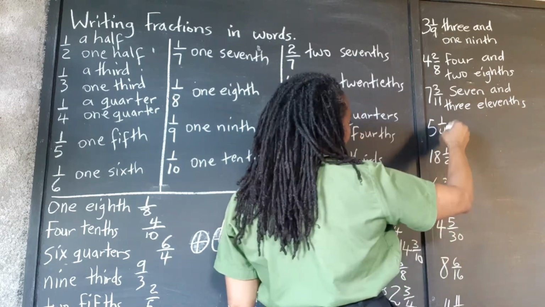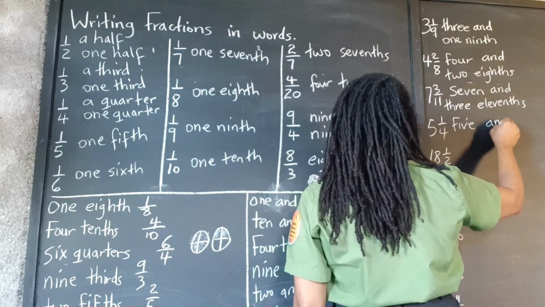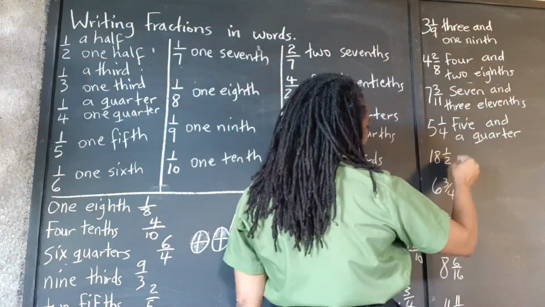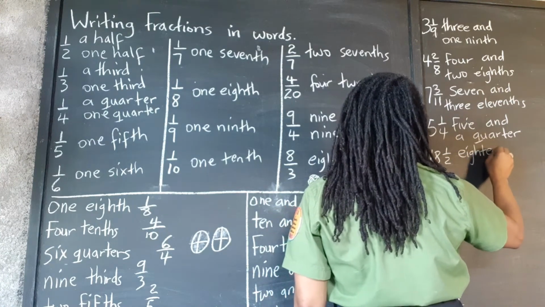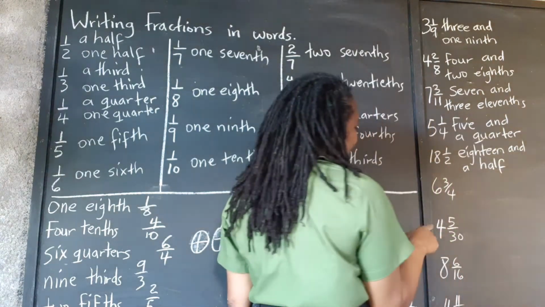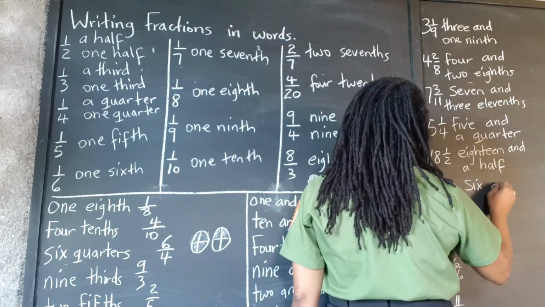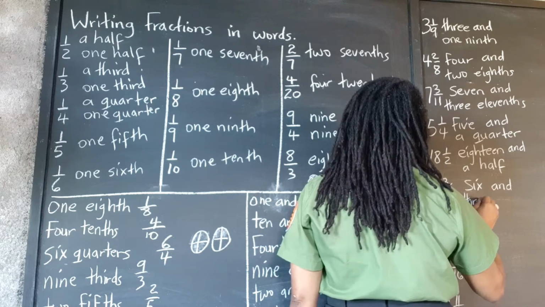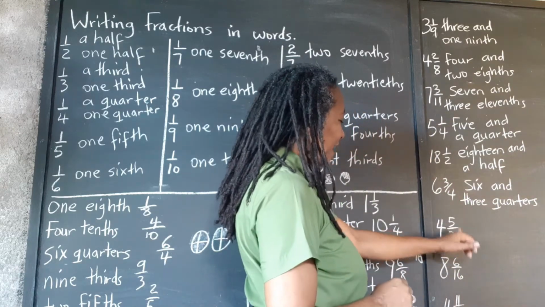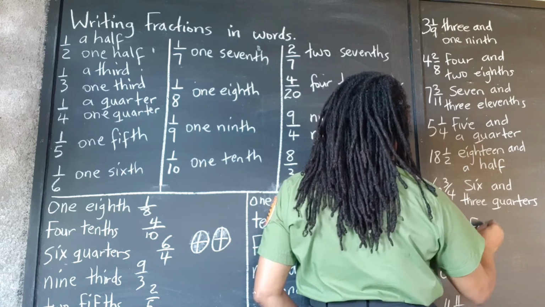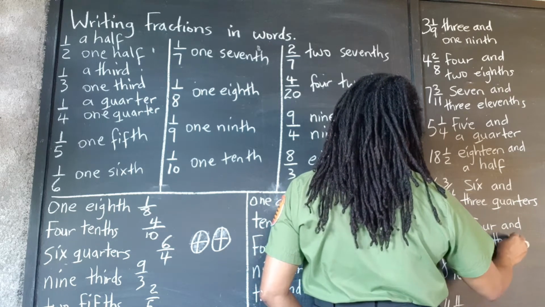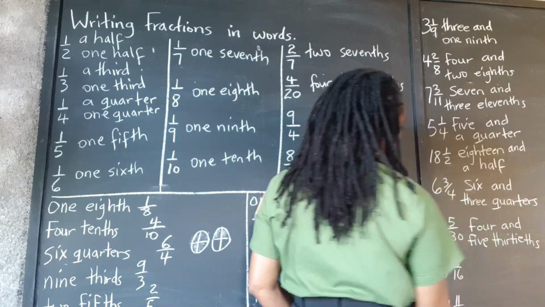5 and a quarter. 18 and a half. 6 and 3/4. 4 and 5/30, right?